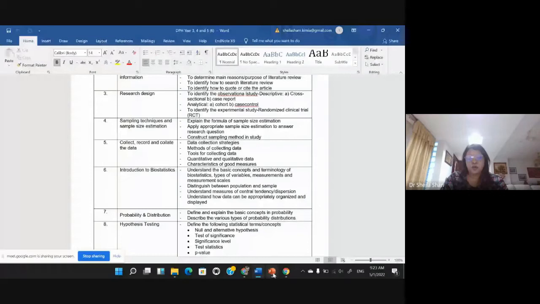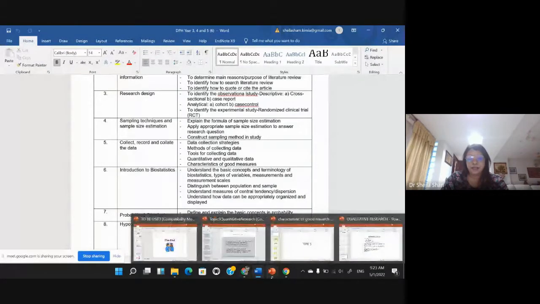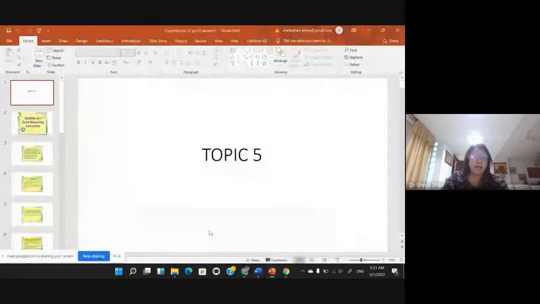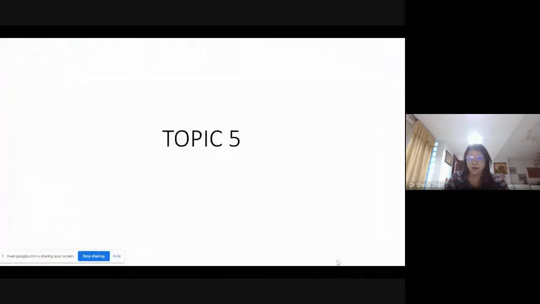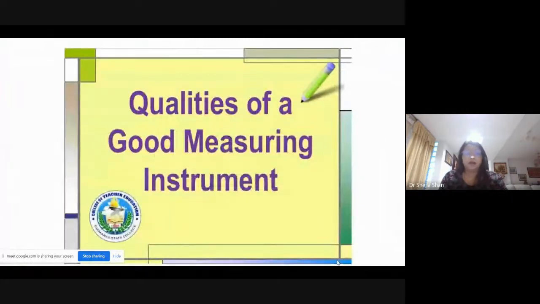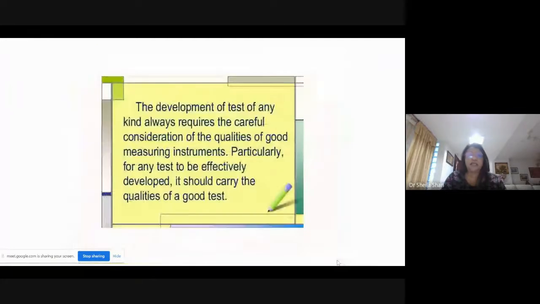So based on the syllabus given, I'm going to start with characteristics of good research. How do you consider the research as a good measuring instrument? What are the qualities?